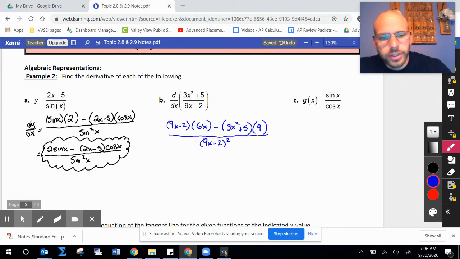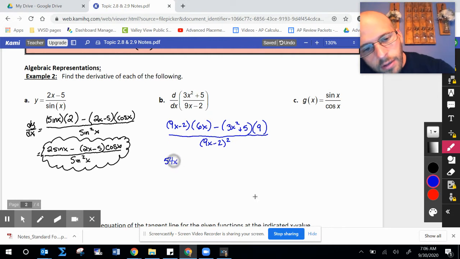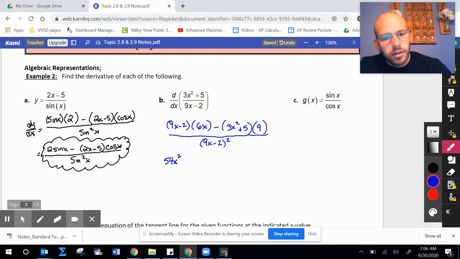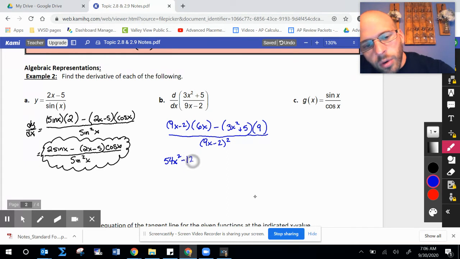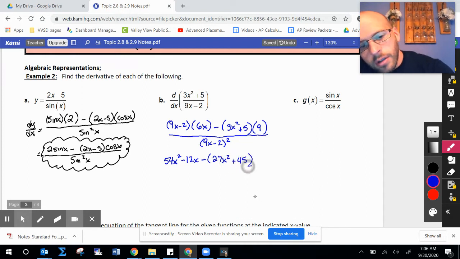Now, let's see if we can make this look a little nicer. I'm going to get a 54x squared minus 12x minus, now we have to be careful with that minus here, 27x squared plus 45, all over a 9x minus 2 squared.